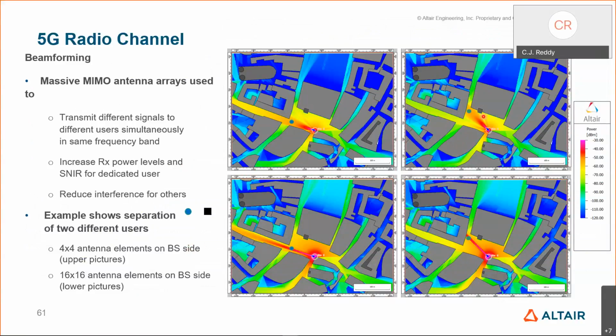But when they come very close, it becomes kind of mixed. So when you use 16 by 16 elements, then it becomes a very narrow beam. So that's the effect that beamforming has, and that needs to be taken into account in your design as well: who are the customers you're serving, and how much beam width should be suitable for you.